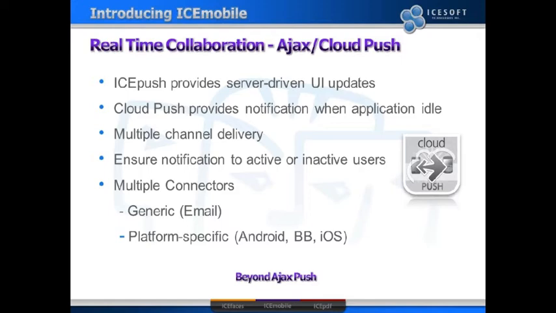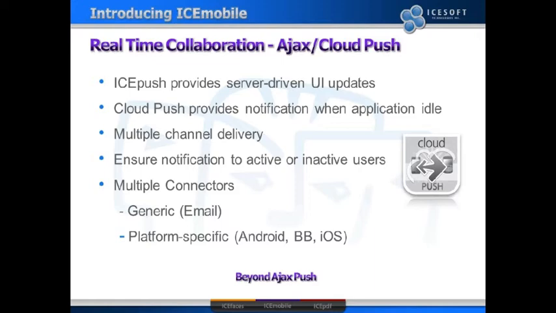We have a multi-channel delivery system. This system can deliver notifications via a web-based Ajax Push channel, or if that isn't available, through device notification or through extra adapters such as email.